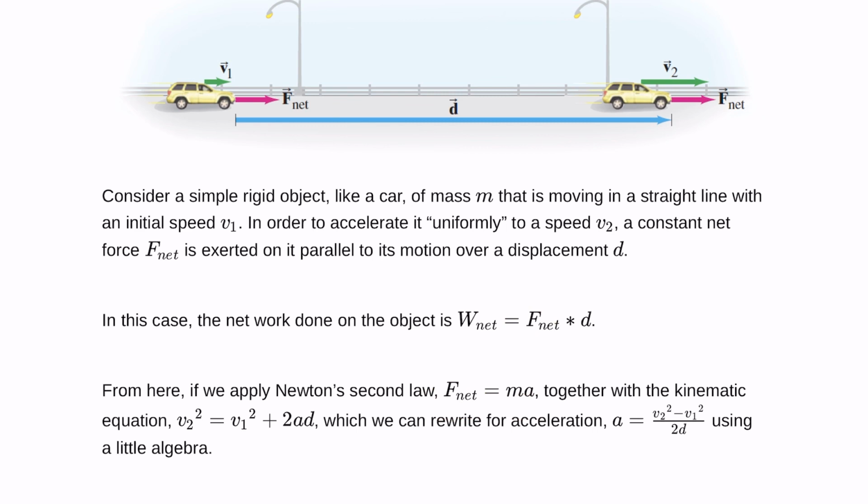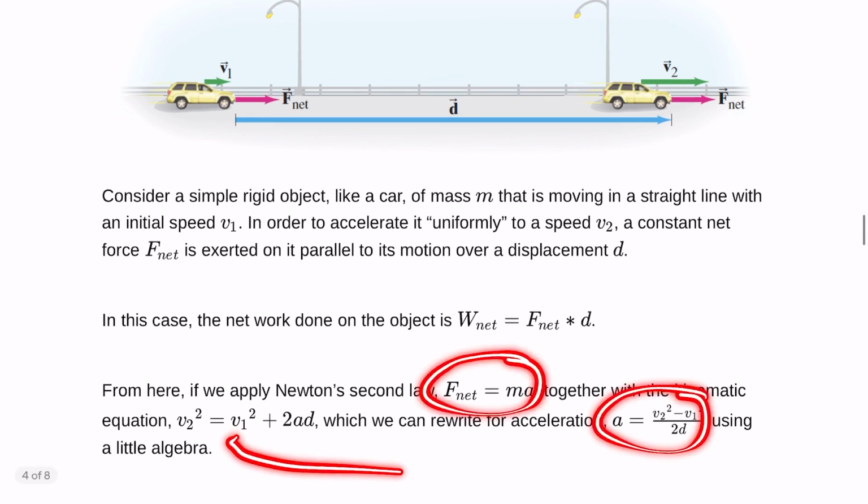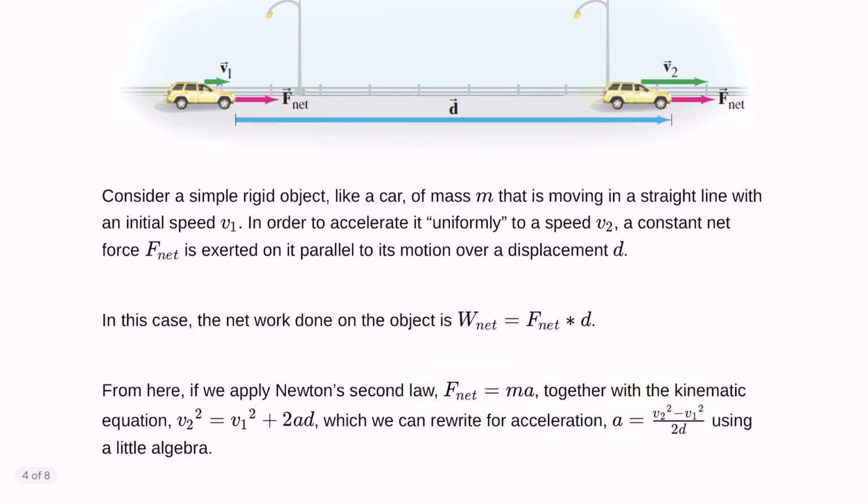So together with the kinematic equation, v2 squared is equal to v1 squared plus 2ad, which we can rewrite for acceleration. We're going to use these two equations, this equation here and this one, which is just the rewritten version of our kinematic equation.